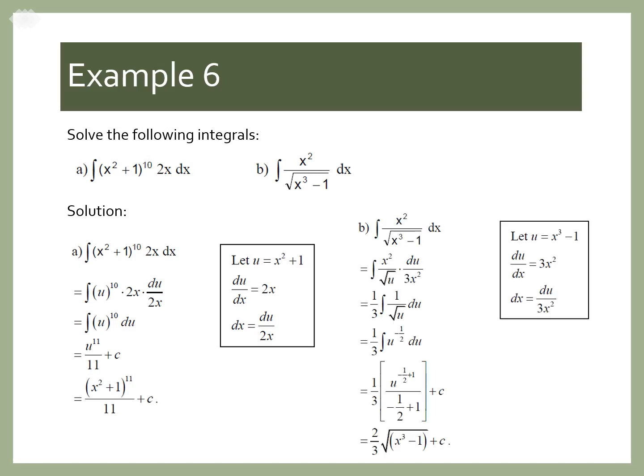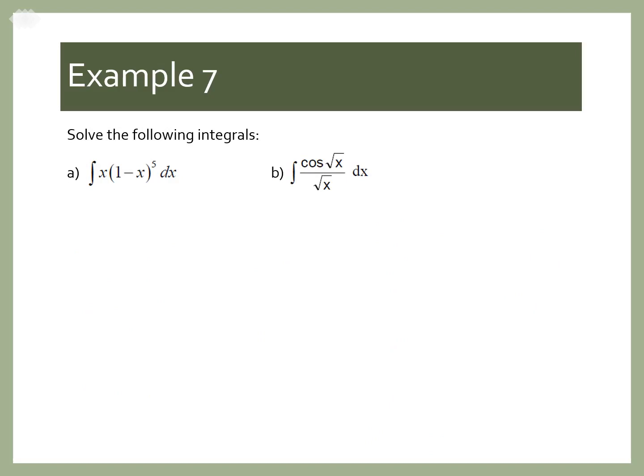For b, by letting u equal to x to the power of 3 minus 1 and differentiate, you will get du over dx equal to 3x squared. Substitute this into the original integral and simplify, you will get 1 over 3 u to the power of negative 1 over 2. Integrate with respect to u and replace the u back to x to the power of 3 minus 1, you should be able to get the following answer.